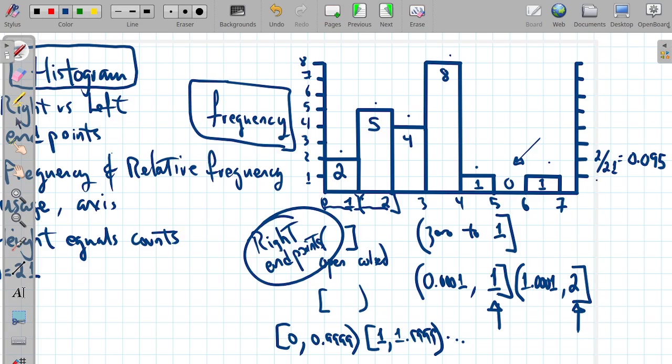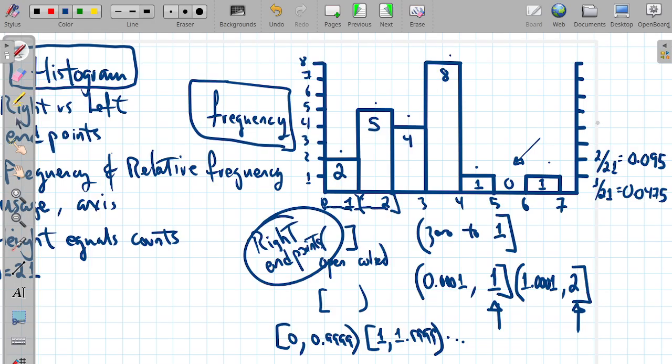Now let's come back over here. This one is 1 out of 21. That's for these two. The 2 out of 21 was for the first, so that's fine. So 1 out of 21 is going to be 0.0475. There we go. And we can do this all the way up. There is no 3 count. There's a 4 and a 5 count.